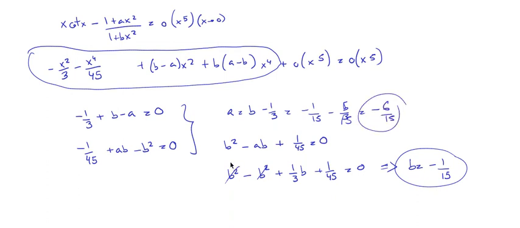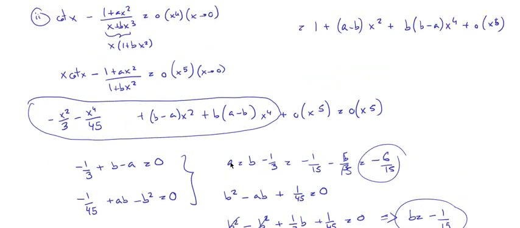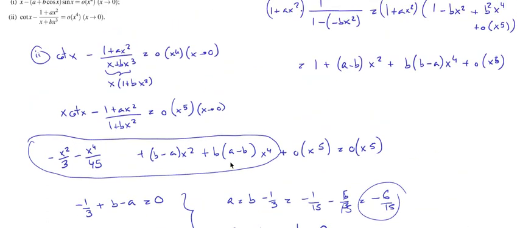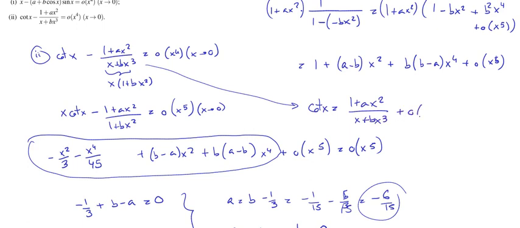Okay, but interestingly, if we go back to the beginning, what we wanted was an expression of the cotangent as a rational function like this, 1 plus ax squared divided by x plus bx cubed plus small o of x to the 4th.